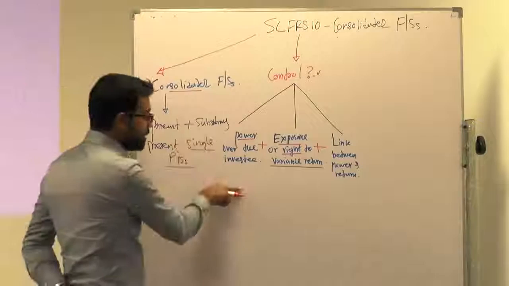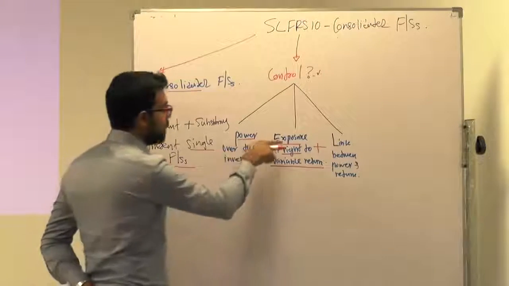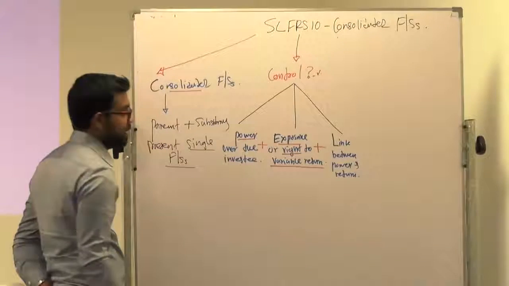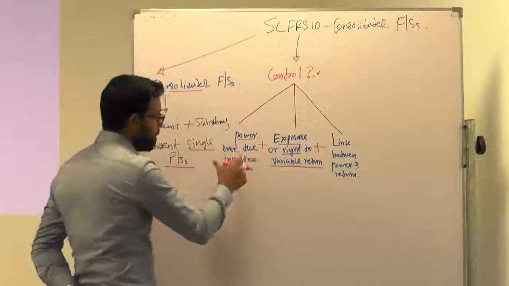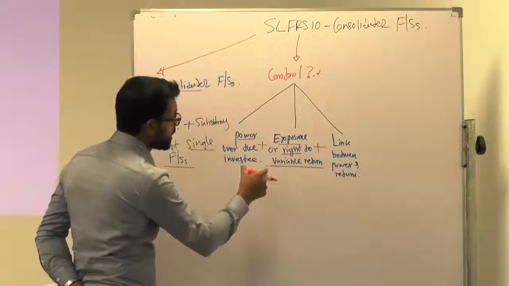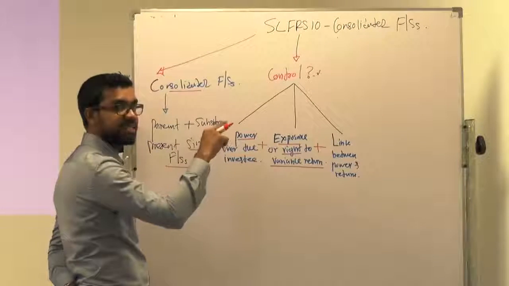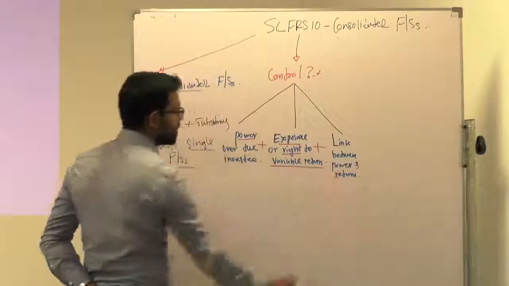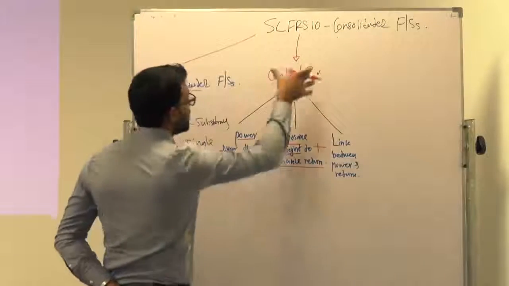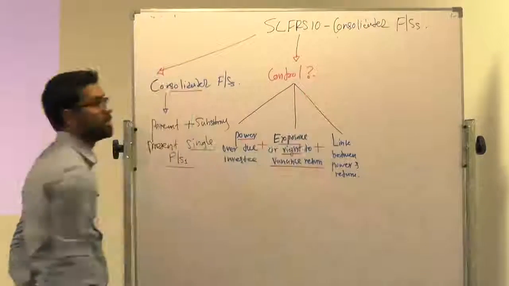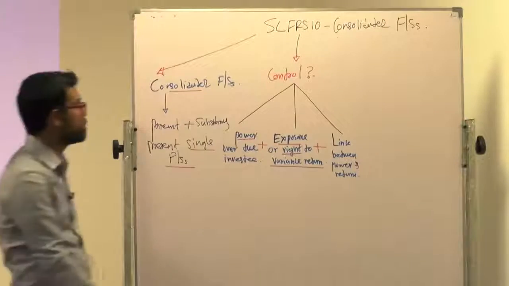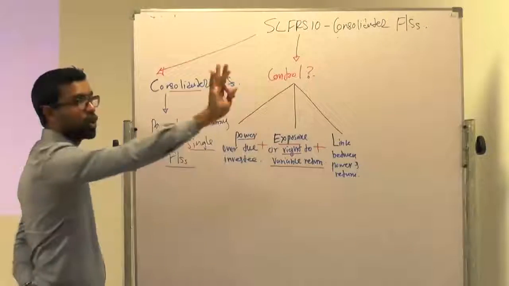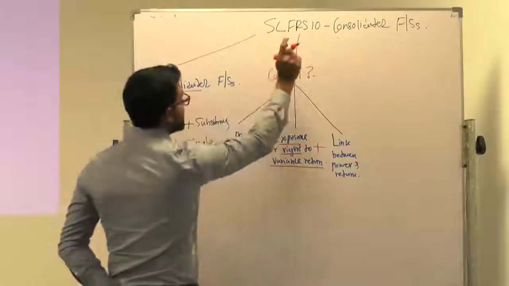If you have power over the investee, if you have exposure or rights to variable return, and you can use power to affect the variable return by directing relevant activities, I will come to that later, that explains the link between power and return. If you fulfil these three, yes, you have control over the subsidiary or investee, so you can prepare consolidated financial statements. If you don't have this, no consolidated financial statements, you can't apply even SLFRS 10.